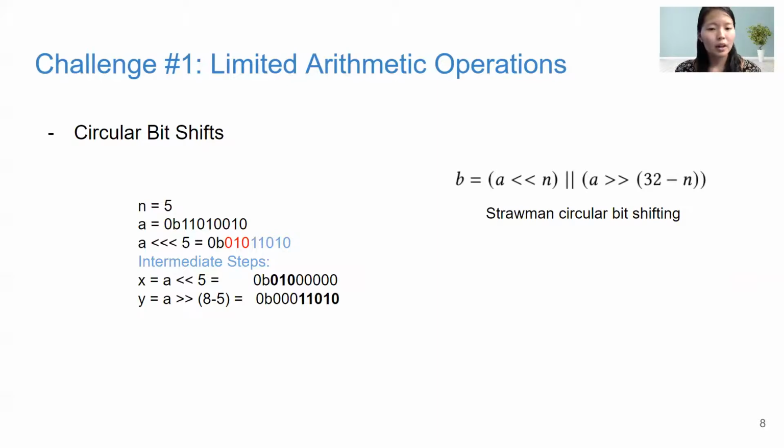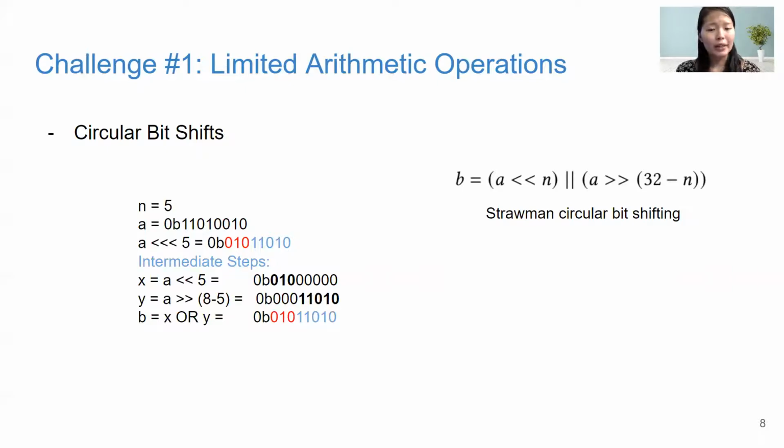And so now you see the upper 5 bits are shifted down, and the most significant 3 bits are now padded with zeros. Finally, you can now take X and Y and bitwise OR them together in order to arrive at your final result, which was the circular left shift by 5 bits.